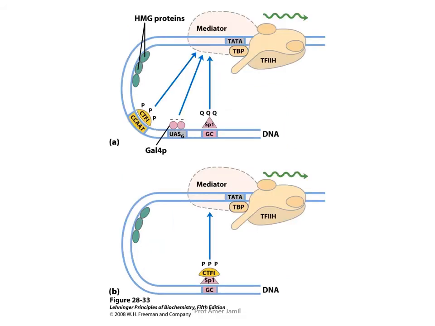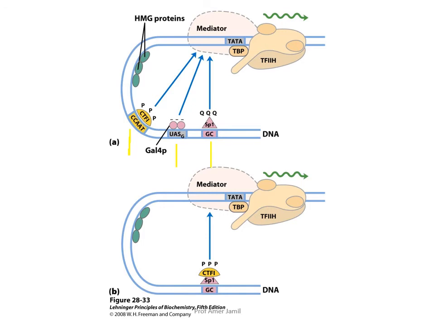As far as different UAS are concerned, the famous or most common ones are the CCAAT, which is a sequence on the DNA, the UAS for galactose metabolism, which I have already shown, and then there is the GC box.